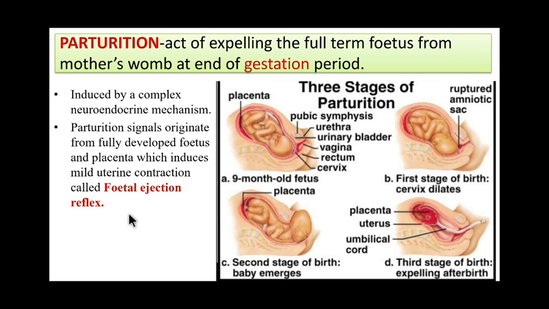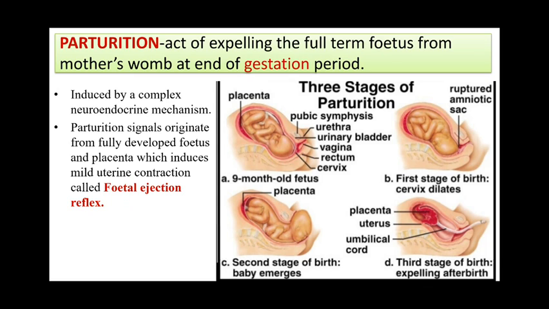Now, oxytocin acts on uterine muscle. That means from the pituitary, oxytocin is released and it acts on the uterine muscle, causing strong uterine contraction, which in turn stimulates further secretion of oxytocin, and this process continues till the birth of the child.